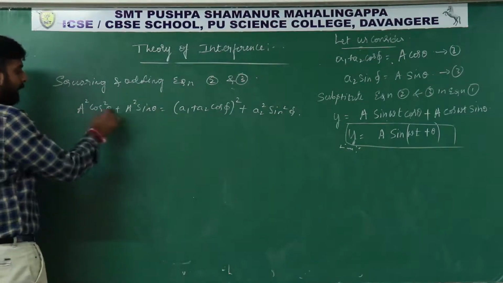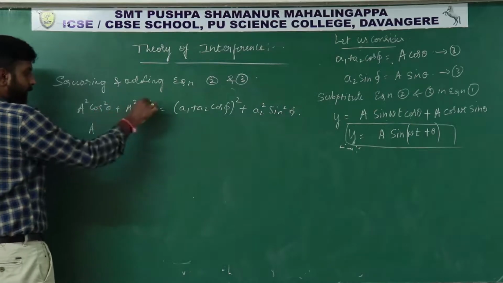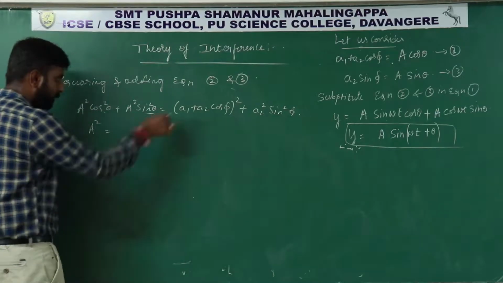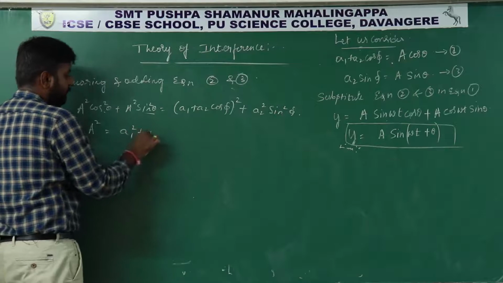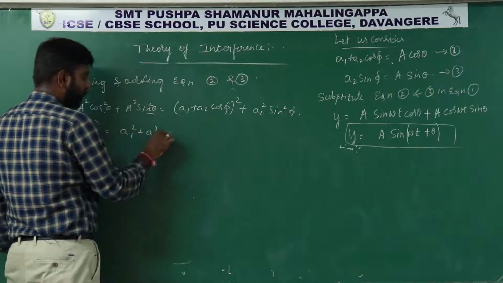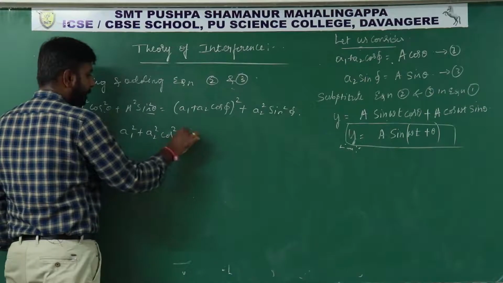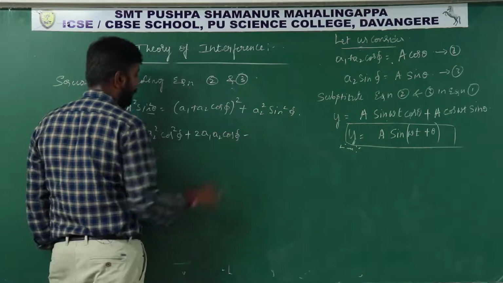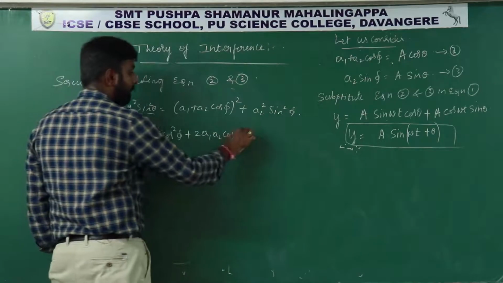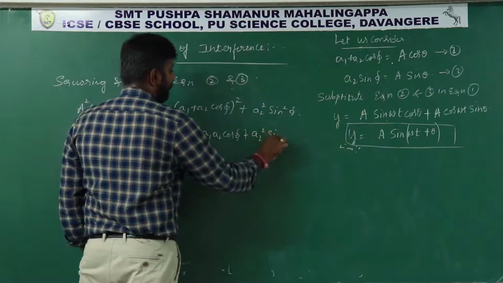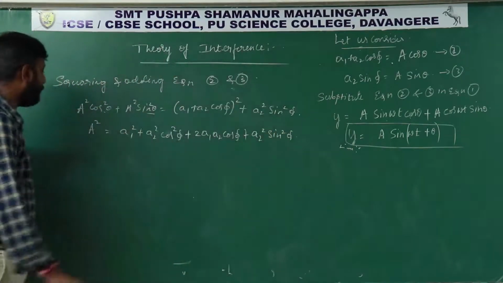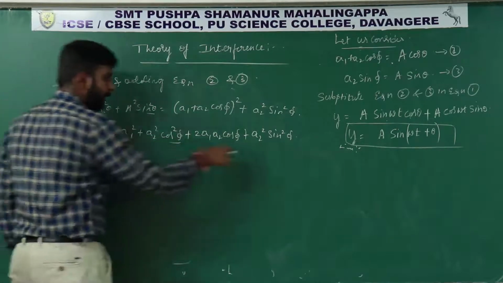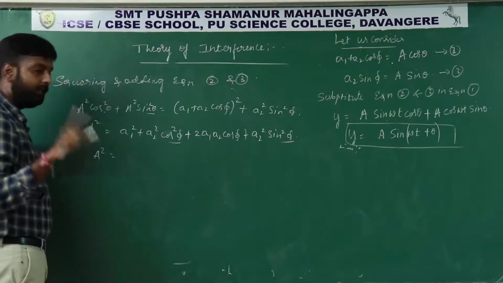Then cos²θ plus sin²θ becomes 1 if you take A² common outside. So A² equals, if you split, A1² plus A2² cos²φ plus 2A1A2 cos φ, using the (a + b)² formula, plus A2² sin²φ. Then cos²φ plus sin²φ, taking A2² common, becomes 1.